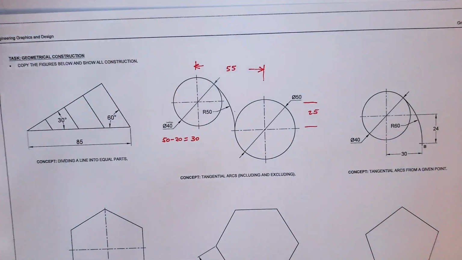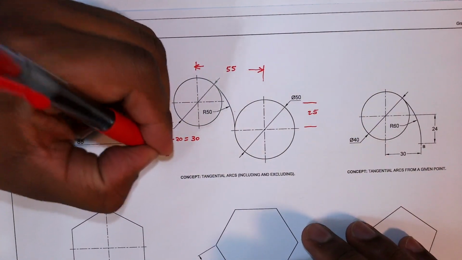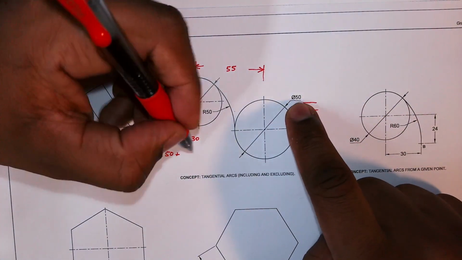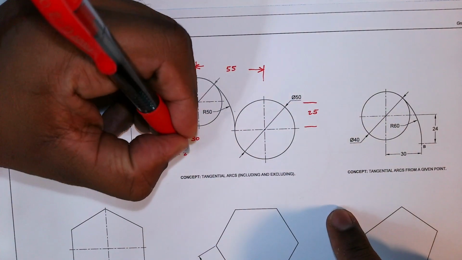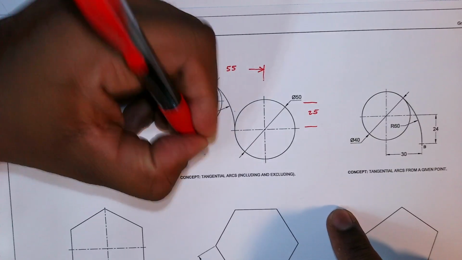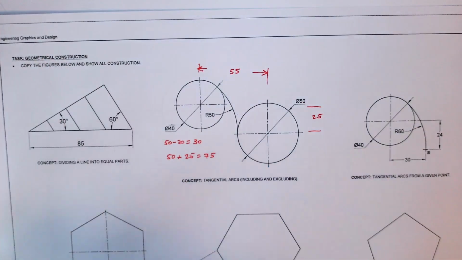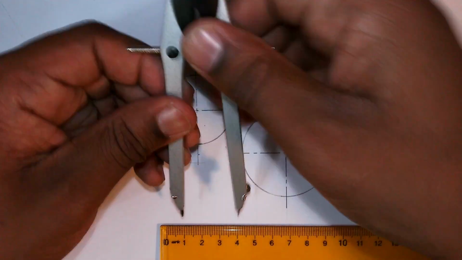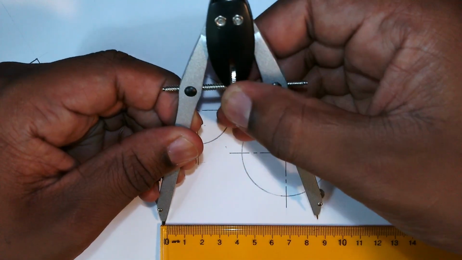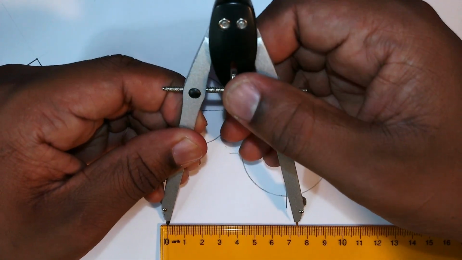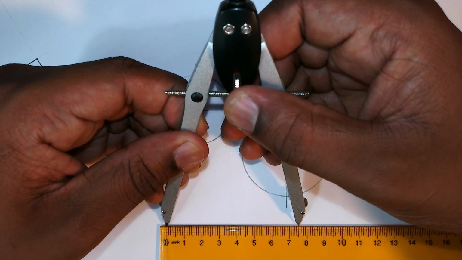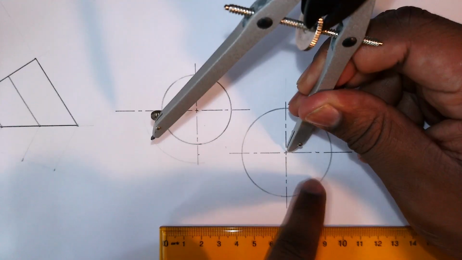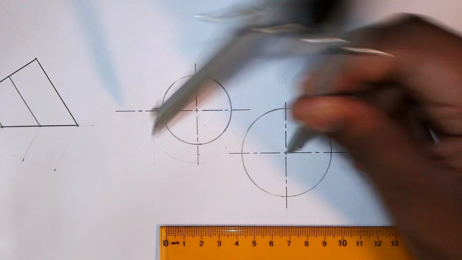So it's going to be 50 plus the radius, which is 25, so 75. I'll open my compass and adjust it to 75 like that, then put my compass at the center point of the circle and draw an arc.